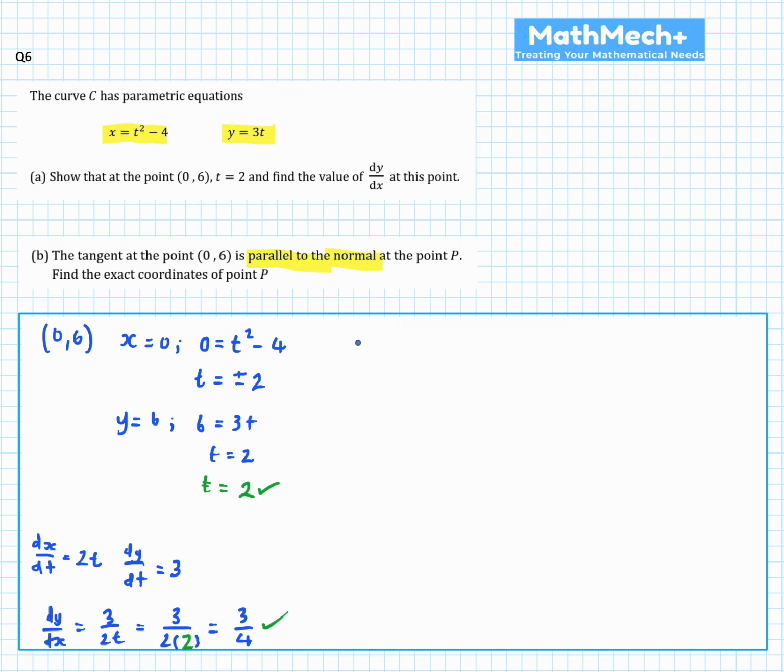You may recall there's a formula for this. You have dy over dx, which is your gradient of the tangent. So the normal is minus 1 over dy over dx. In this case, it is minus 1 over 3 over 2t. Just recall that we had 3 over 2t as dy over dx in terms of t.